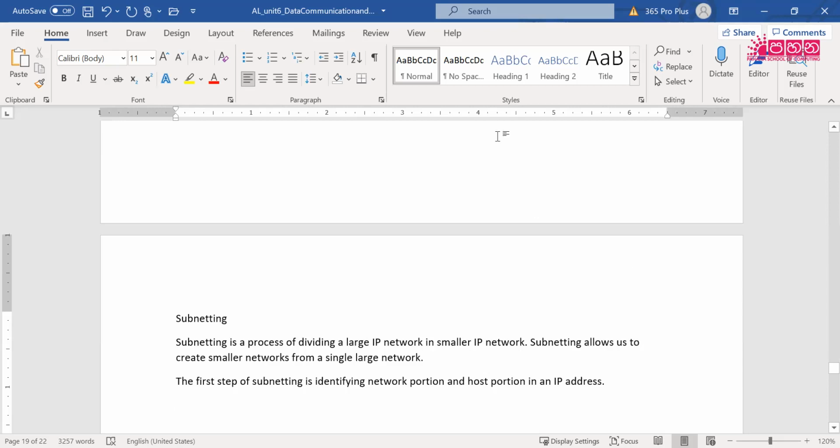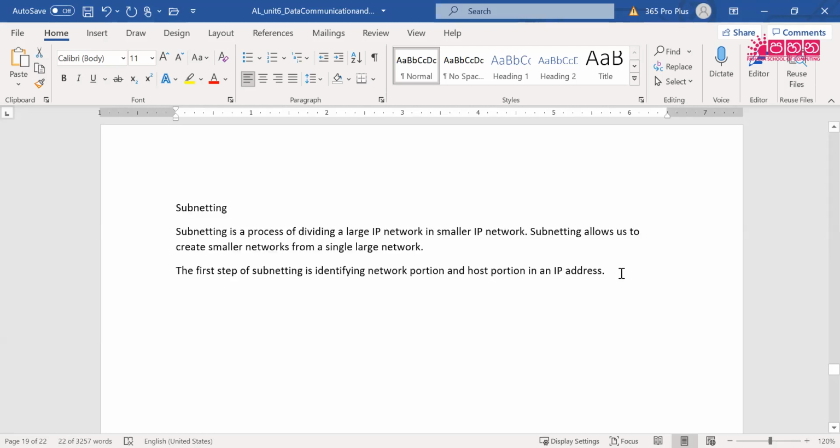We already discussed earlier what the default subnetting means. So we can see it here as well.